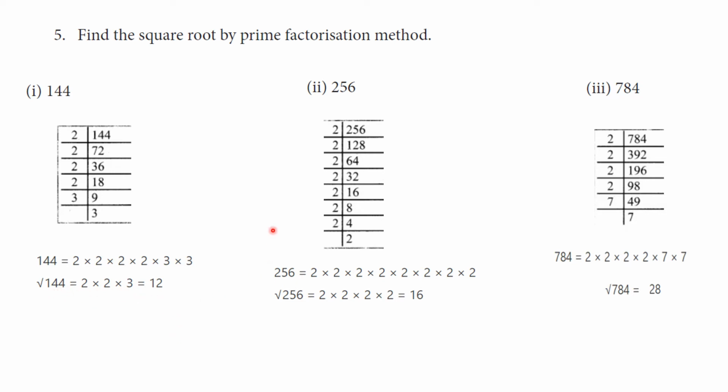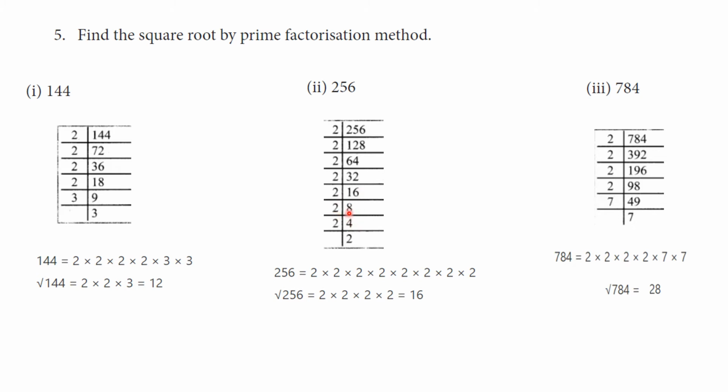Next, 256. Likewise, you have to divide with 2. 2 twos are 4, 8 twos are 16, 128, 6 twos are 12, 2 fours are 8. Next 64: 2 threes are 6, 2 twos are 4, 2 eights are 16, 2 fours are 8.